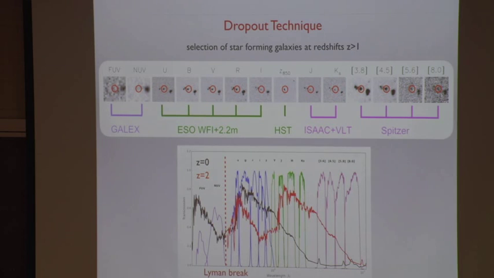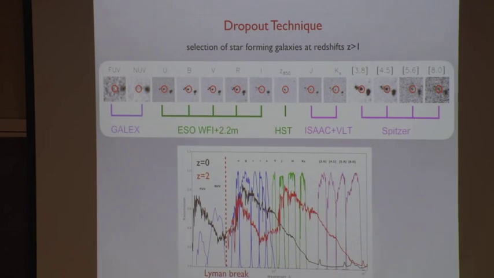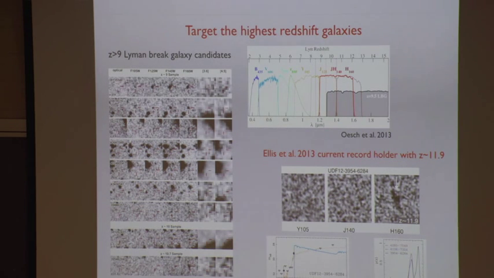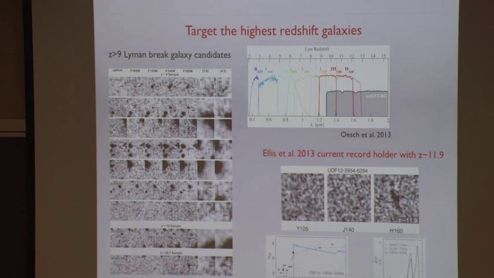And we can use these images to search for those objects which are in a redder filter band, but not in a bluer one. And this method is actually ideal for targeting the highest redshift galaxies. Here we see examples of galaxies which have been discovered at redshift greater than 9. That means the universe was just a few hundred million years old. You see here a composite of all optical wavelengths, and then you go into the near infrared and the mid-infrared regime.